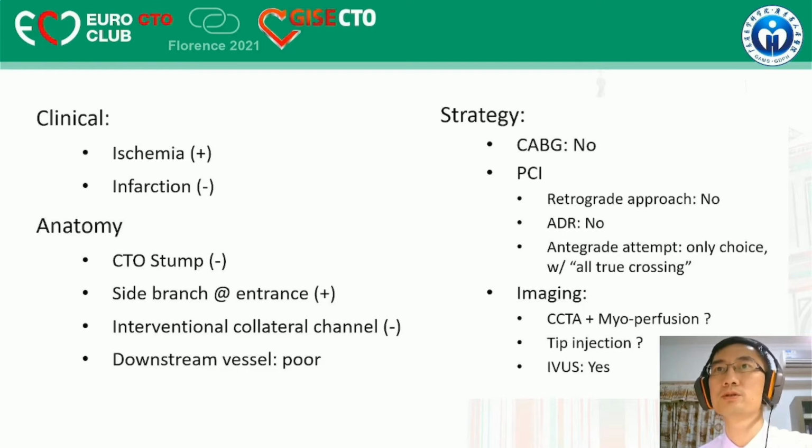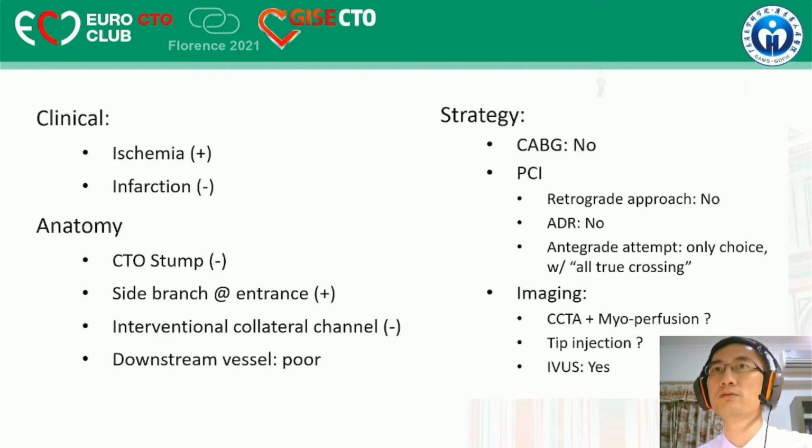We also considered whether CTA could help. Yes, CTA may add some evidence of viable myocardium, but in terms of the distal vessel, we don't think CTA can help a lot. Even if it shows some image of the distal vessel, it helps little in our procedure.